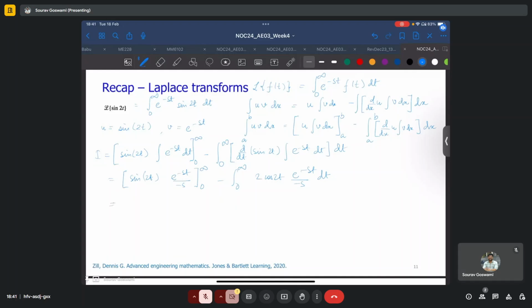And when we are trying to evaluate these terms, say for this first term, when t equals 0, sin 2t becomes 0, and so the whole term goes to 0.